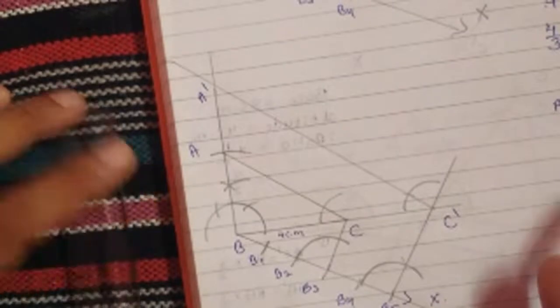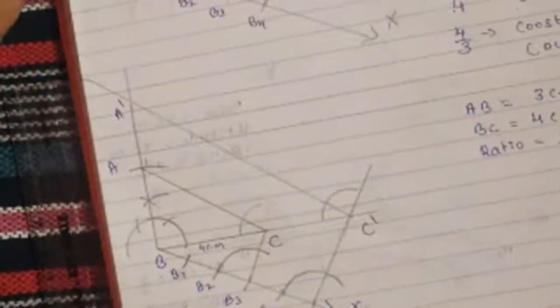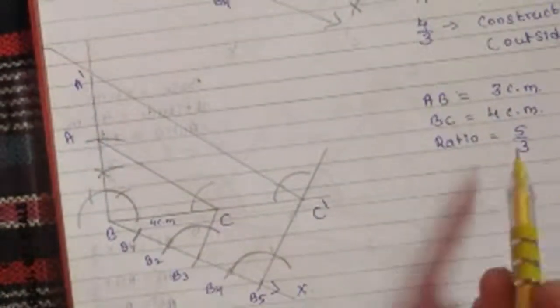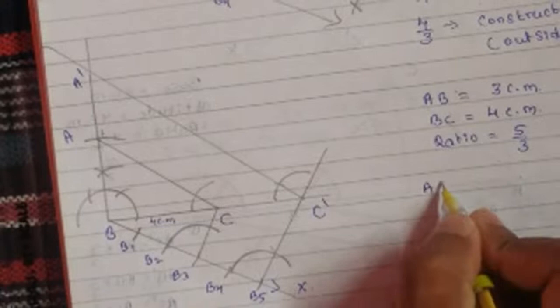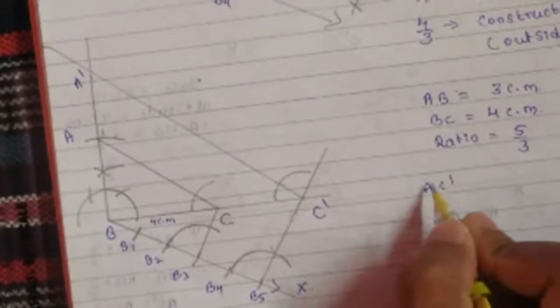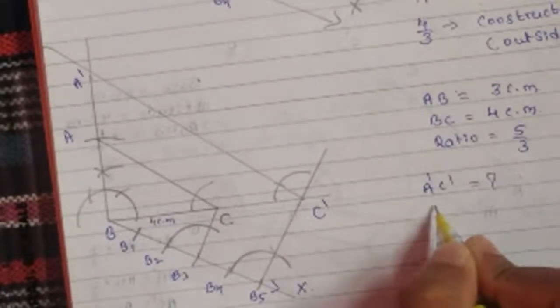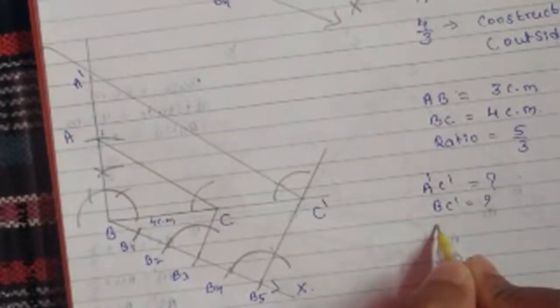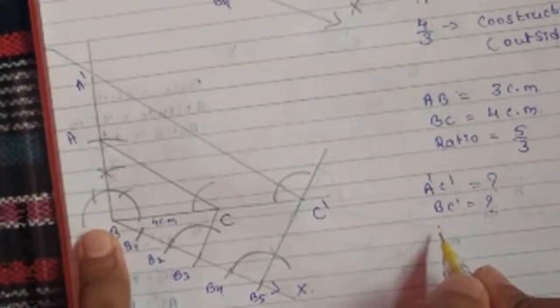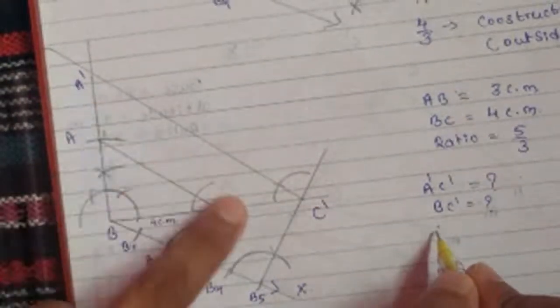So here the ratio is 5 by 3. The denominator value is less, therefore the constructed triangle will come outside. Then we have to measure the lengths: B A dash, B C dash, and A dash C dash.